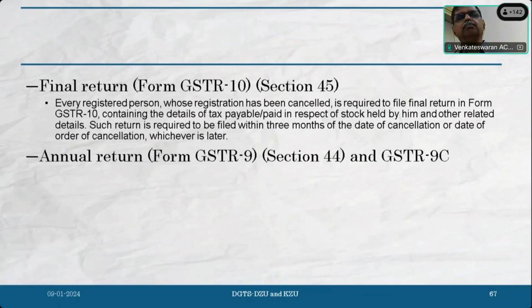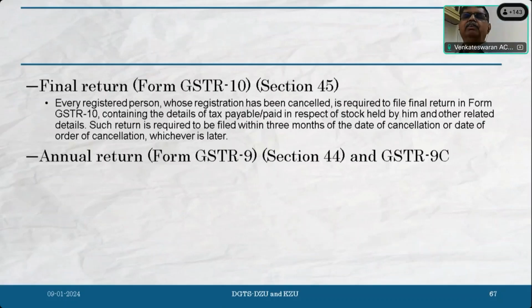But by declaring this information in GSTR 9, you can also give very specific information in GSTR 9C, because there are umpteen provisions available to indicate what error you committed in your GSTR 1 and 3B, how you rectified this information in GSTR 9, and how the rectification resulted in the payment which I paid in GSTR 9C.